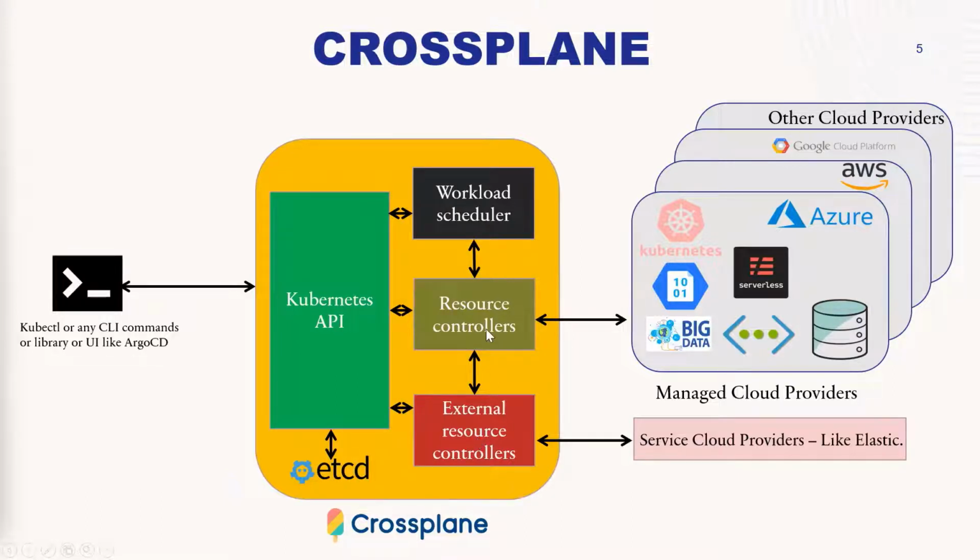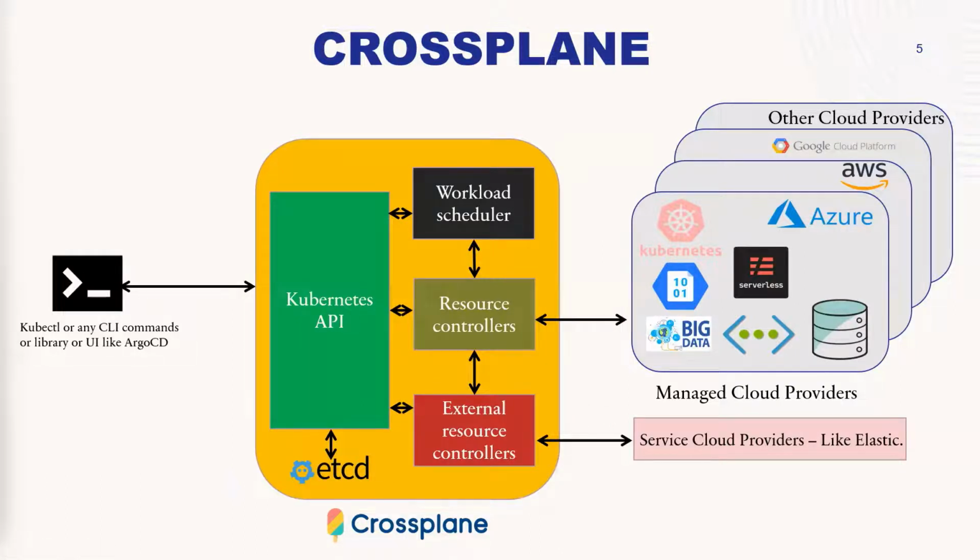Resource controllers are mostly used for cloud-based solutions, which are native cloud solutions. The external resource controller comes from standalone SaaS solutions like Elastic, which provides a solution for you. Those kinds of things come under the external one. So this is how Crossplane looks.